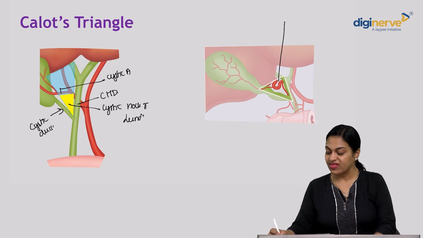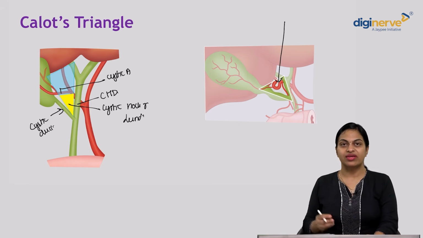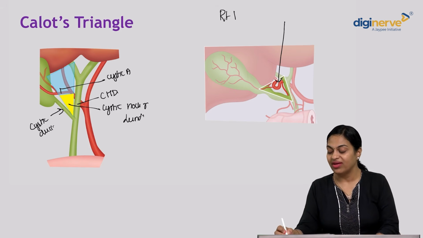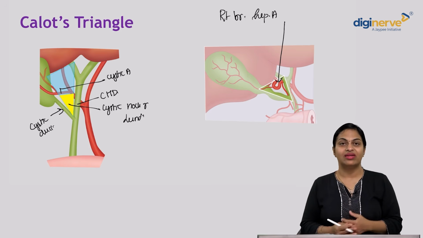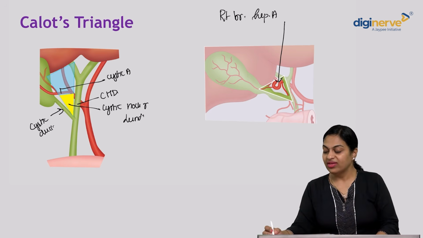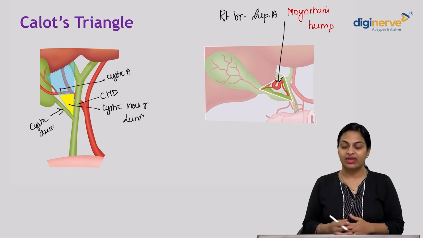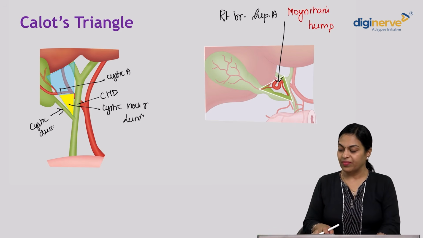And what is this? A tortuous, caterpillar-like right branch of the hepatic artery. Sometimes it can be abnormally dilated and tortuous, and that is called the Moynihan's hump. If accidentally injured, that can lead to severe bleeding.